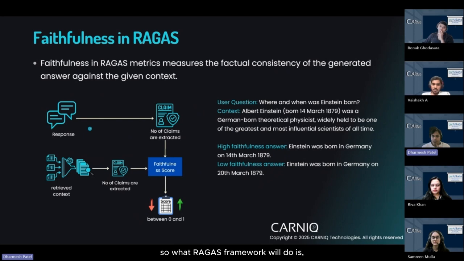The Ragas framework will identify the claims out of your response. It will also identify a number of claims from the retrieved context, the document information you provided to the RAG application, then compare whether these claims match or not, and based on that it will derive your faithfulness score.